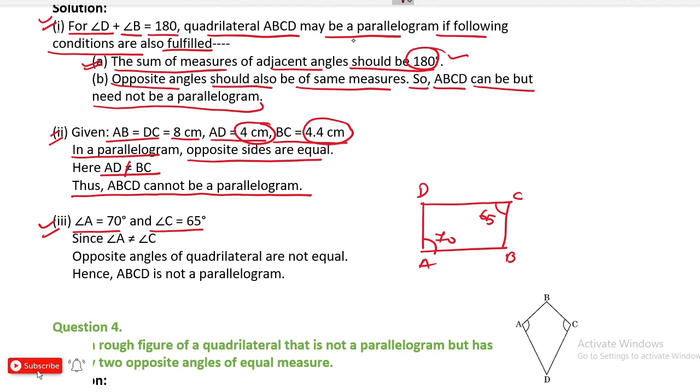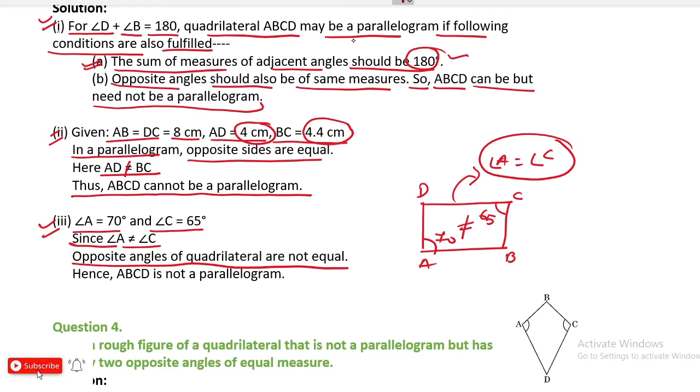According to the property of the parallelogram, we know that angle A is equal to angle C. But here the value of angle A is not equal to the value of angle C. Then this will not be a parallelogram. Since angle A does not equal angle C, the opposite angles are not equal, hence ABCD is not a parallelogram.